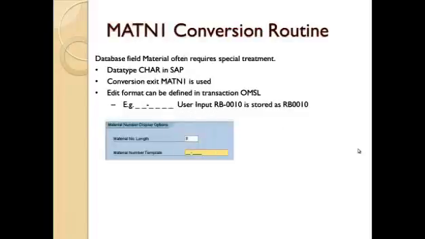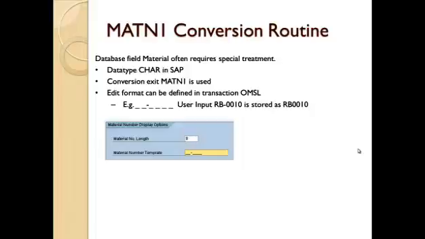The next conversion routine is Matnr. This routine is used specifically for material numbers. Okay, they require special treatment in SAP. So SAP has developed this routine to handle material numbers.